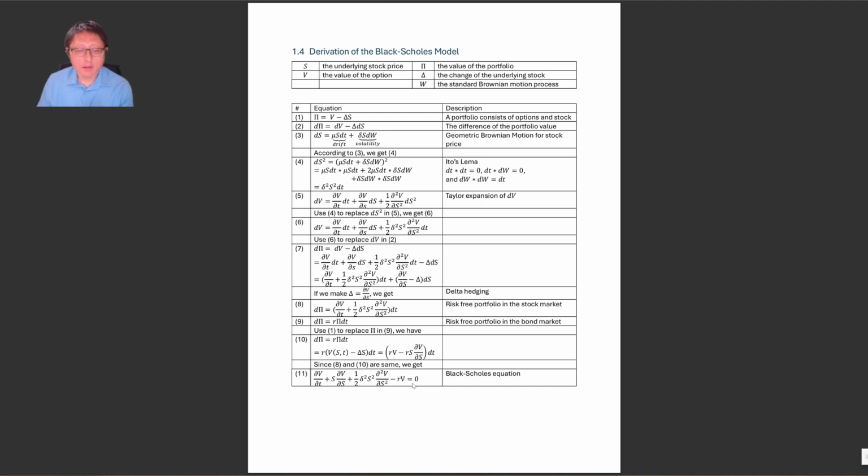You can see the structure of this equation is pretty much a partial differential equation, a so-called PDE, and we can see the derivation of it is pretty elegant, and there are a few assumptions, for example, the delta hedging, the risk-free rate, and the constant sigma, which is the variance, and so on.